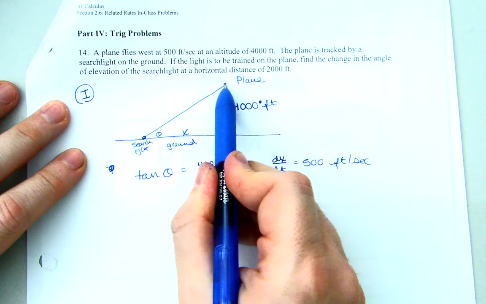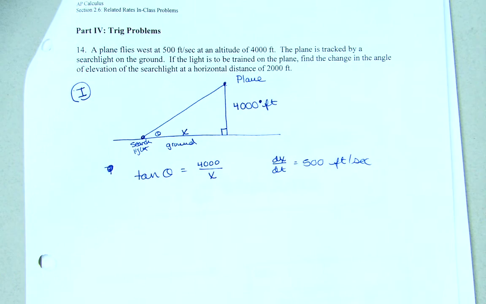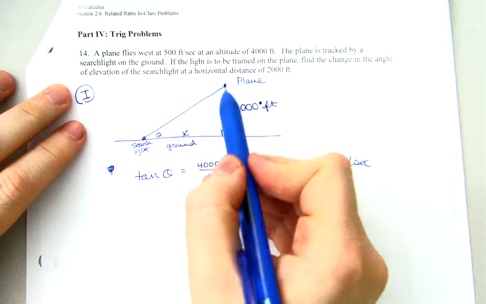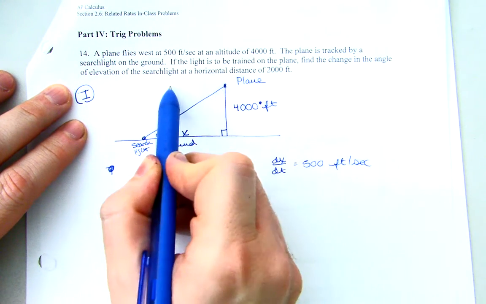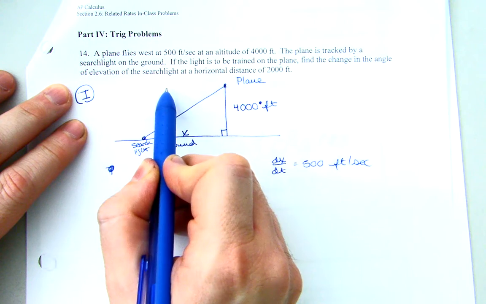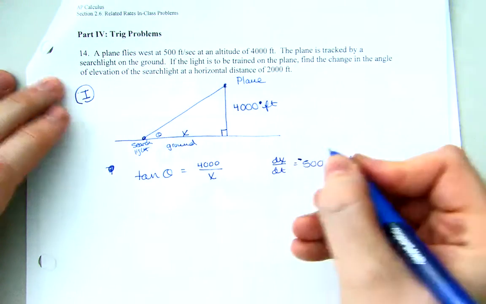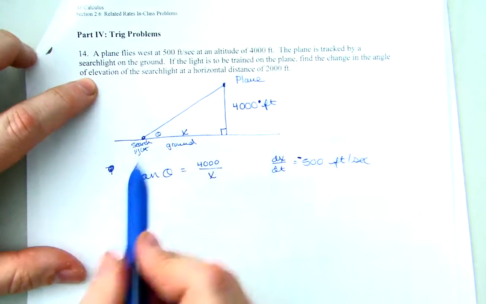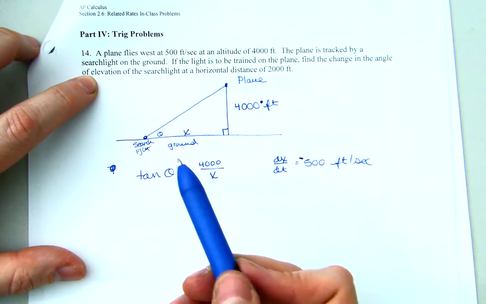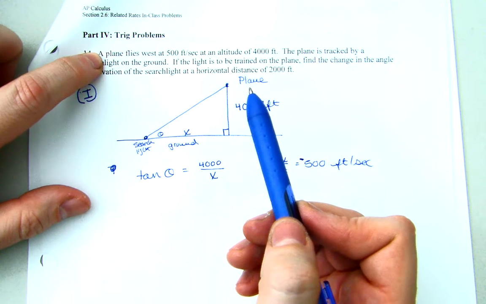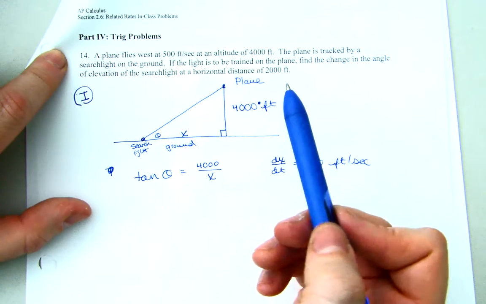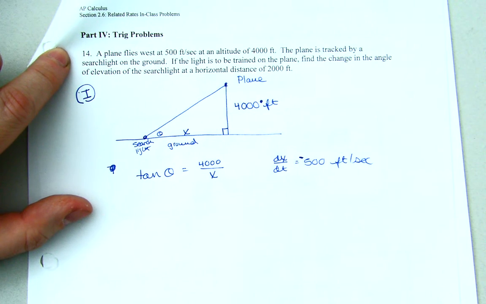Okay, right, my plane is here, west is not that way, west is this way. If it's going west, is x increasing or decreasing? Decreasing. Now, if you initially put the plane over here, because nothing in the problem told me it had to be on this side of the searchlight, if you put it to the left of the searchlight, would going west make your dx/dt positive or negative?